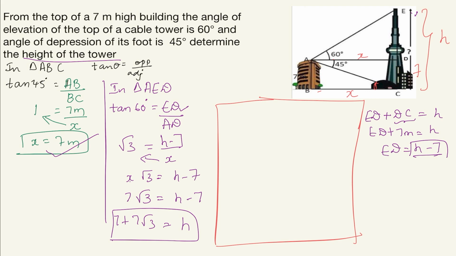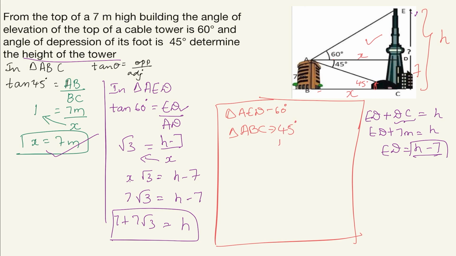Since they are parallel, angle C and angle A, Z-shaped angles, we call them as alternate angles. It also becomes 45. And then we will be considering two triangles, triangle AED and triangle ABC. On considering those two, in triangle AED, we have got 60 degree.